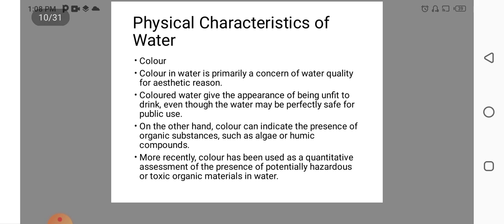Color. Color is primarily a concern of water quality for aesthetic reasons. Colored water gives the appearance of being unfit to drink. On the other hand, color can indicate the presence of organic substances such as algae and humic compounds. More recently, color has been used as a quantitative assessment of the presence of hazardous toxic organic matter in water.